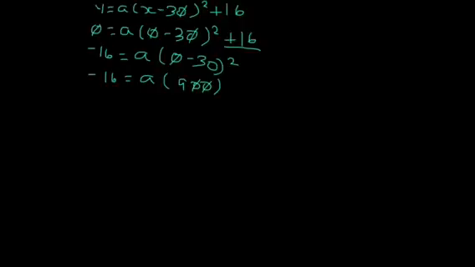This is an improper way of writing it, so I'm just going to rewrite it, which gives you 900a. From here, again, basic algebra. You're going to take your coefficient and divide by it.